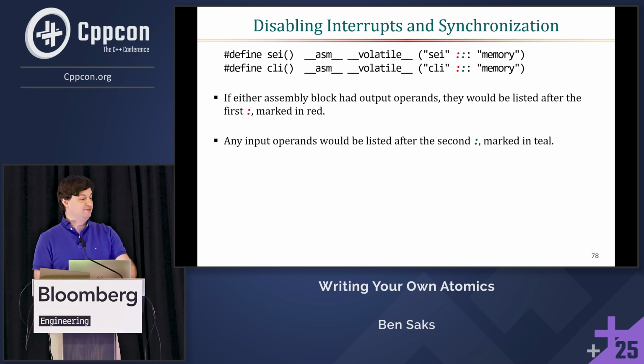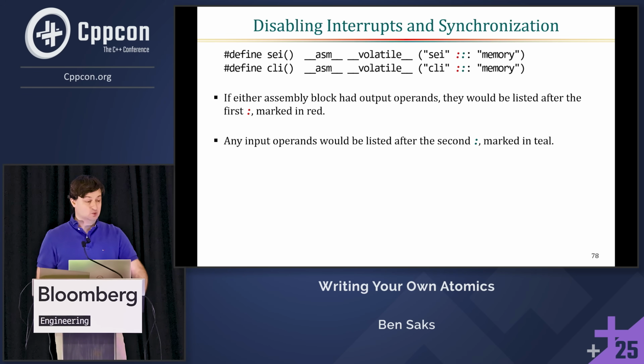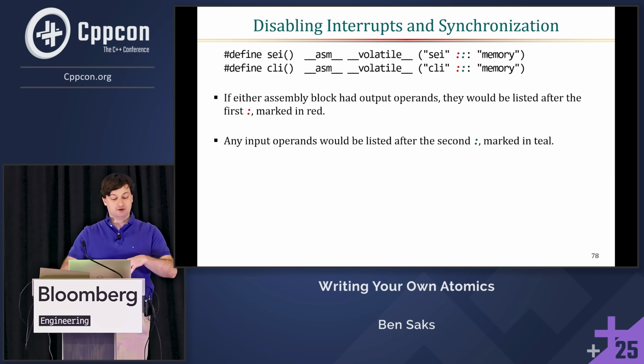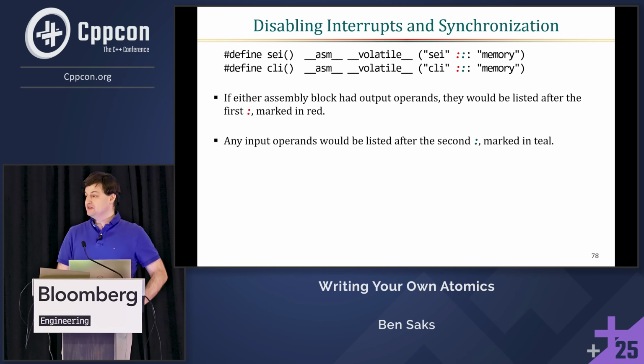I don't know if that's visible on the screen all that well. But yeah, after the second colon would normally be the input operands. These instructions don't have either, so we just ran the three colons together, which seems to be pretty common.